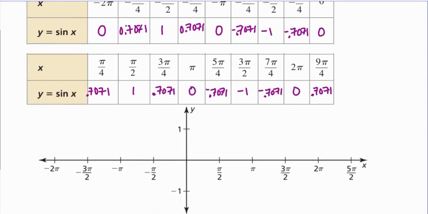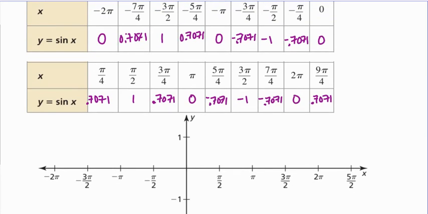If we actually plot these values onto this graph down here, right? Negative 2 pi, and 0 is going to be here. Okay? Negative 3 pi over 2, that's my next x value, my function is up at 1, so that's approximately right here. And then my next value is negative pi, that's down at 0.